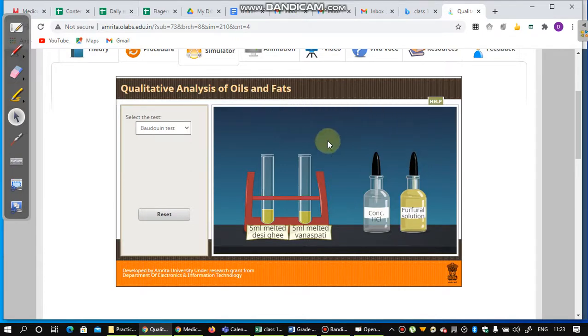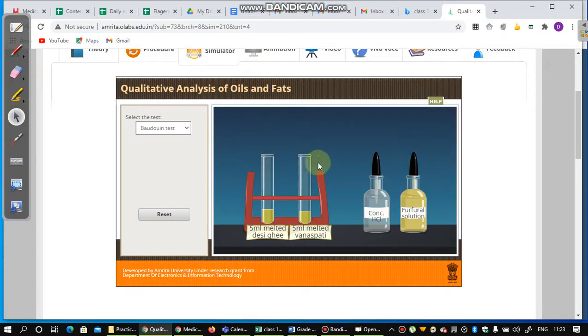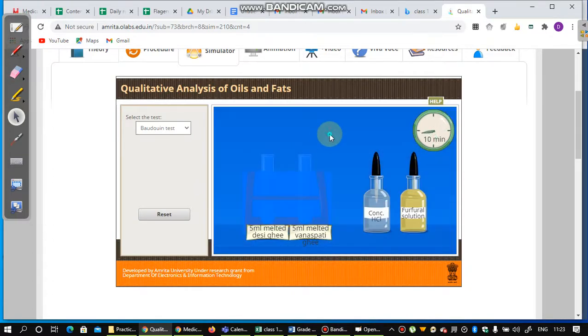Then took a furfural solution. Now wait for 10 minutes. Look at the observation.